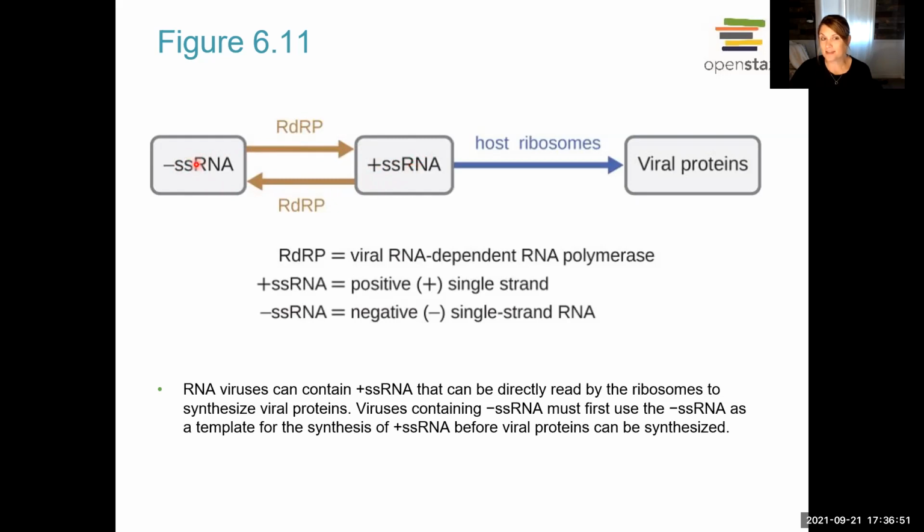Same thing with this guy. He has to make more of himself, so he's going to replicate to the sense and then re-replicate back to the antisense. The difference is that before translation can happen, this guy has one extra step. Otherwise, they're the same situation.